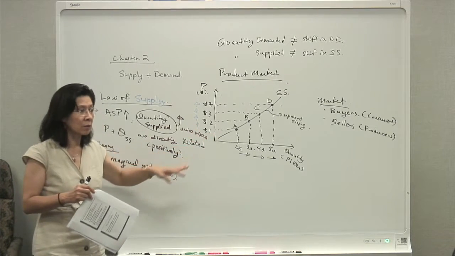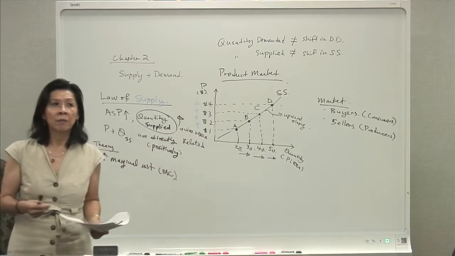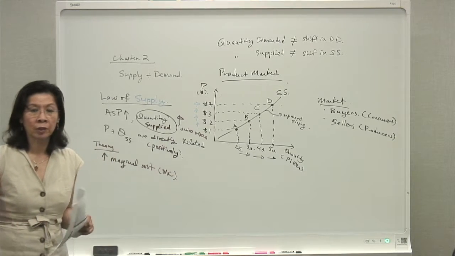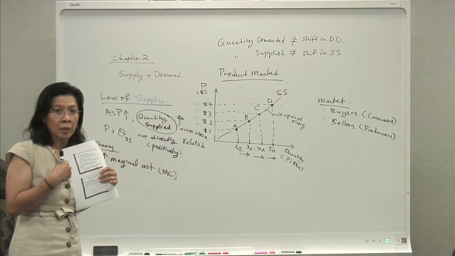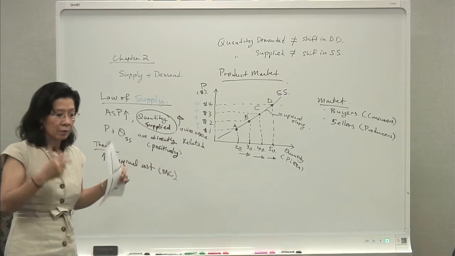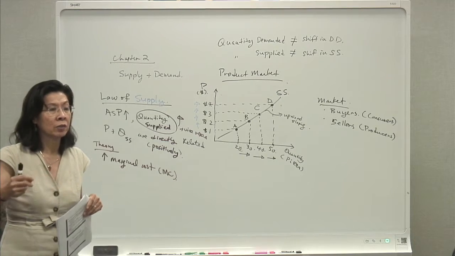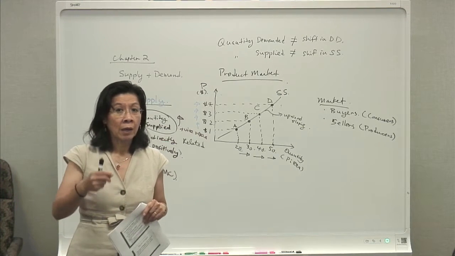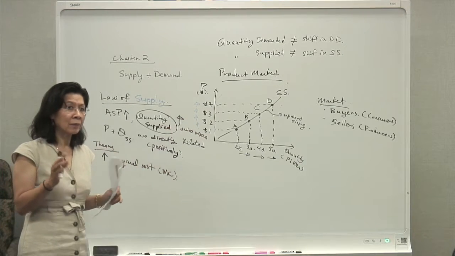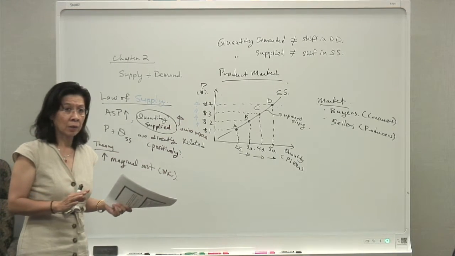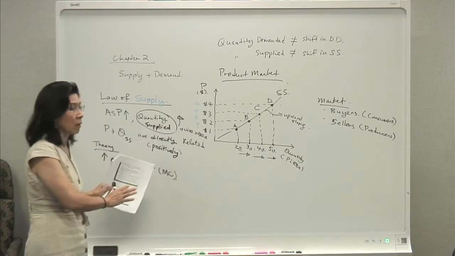So you're just talking to yourself: if the price goes up, I would produce such and such units. And as a consumer or buyer of pizza, you do the same. Before you get out there, you're thinking, okay, if the price is $1, I'll buy such and such units, and if it's higher, I'll buy fewer units. So far you're not interacting with anybody. You're talking to yourself as a buyer, and as a seller.